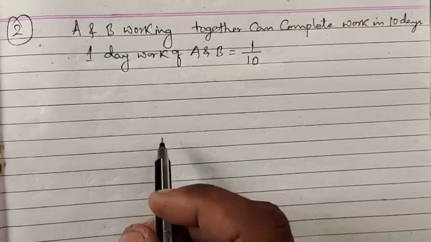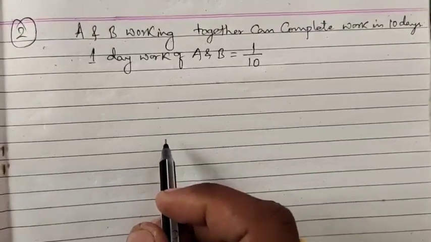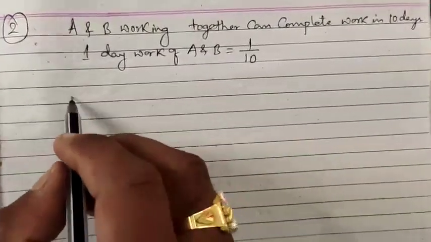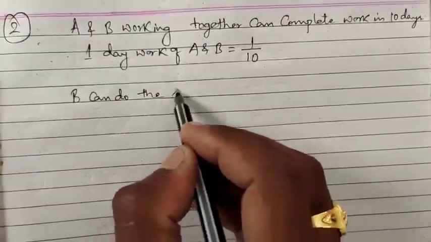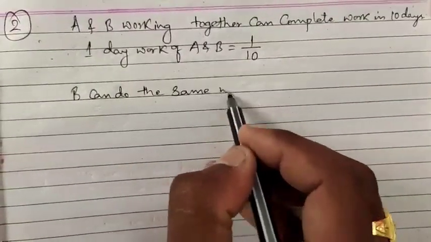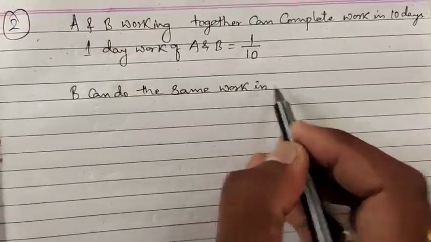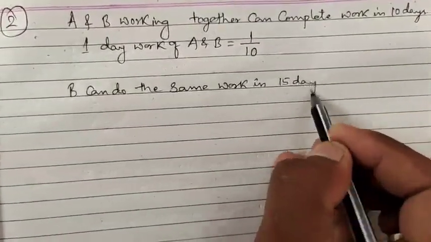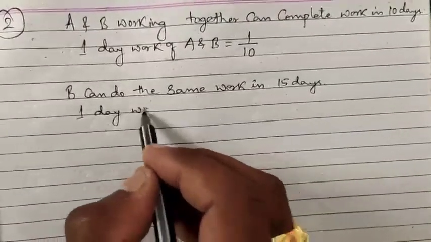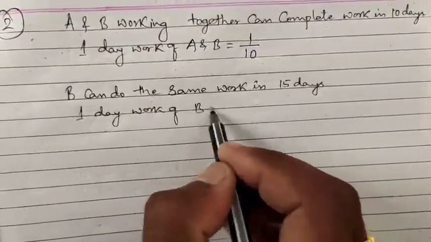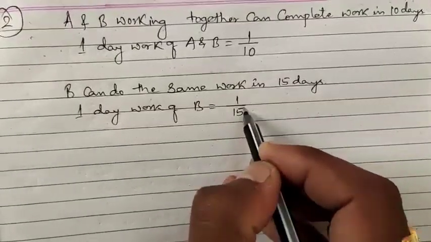Now again the question is saying B alone can do the same work in 15 days. Then we will calculate one day work. One day work of B is equal to 1/15.